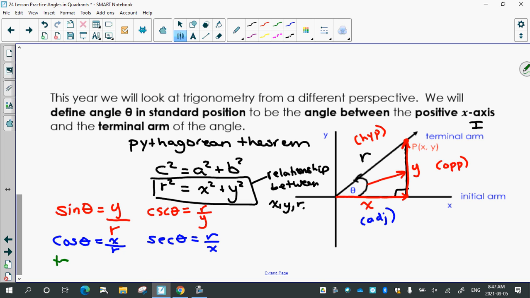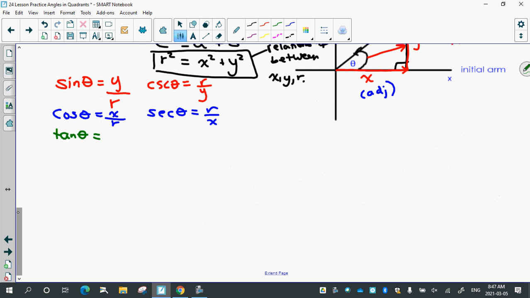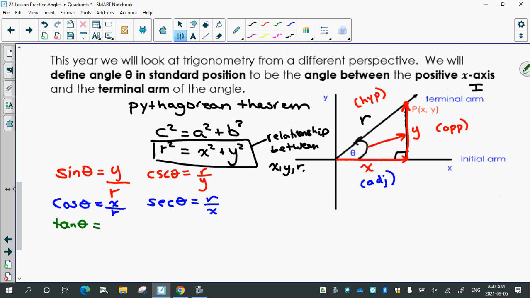And the tangent of angle theta is opposite over adjacent, but in grade 11 we're going to think of it as the y value divided by the x value, which means the cotangent will always be the x value divided by the y value.